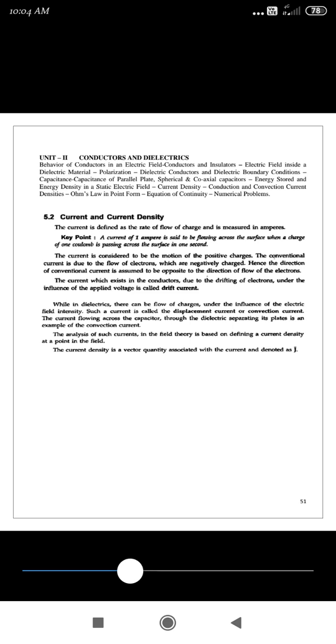These conductors will absorb fields depending upon the field areas or field situations. So here, each and everything should be contained within the particular electric field.